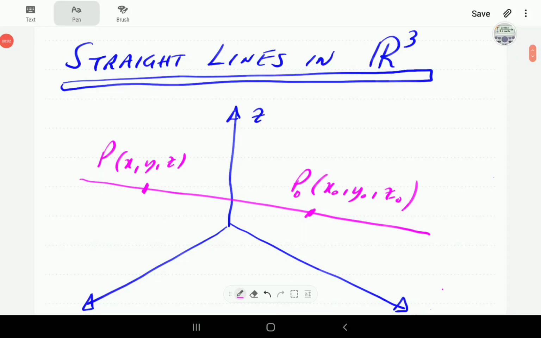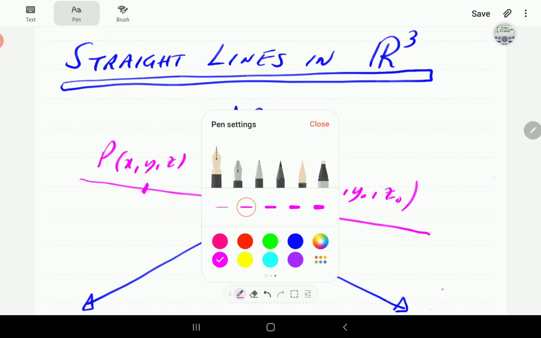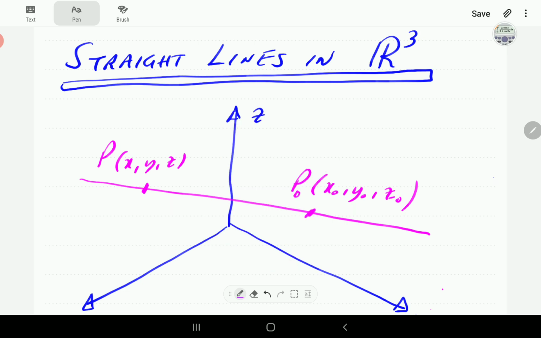Okay, so based on the ideas that we established in the two previous videos, we now introduce the equation of straight lines in 3D space.